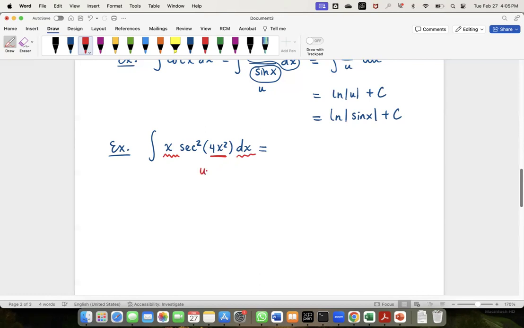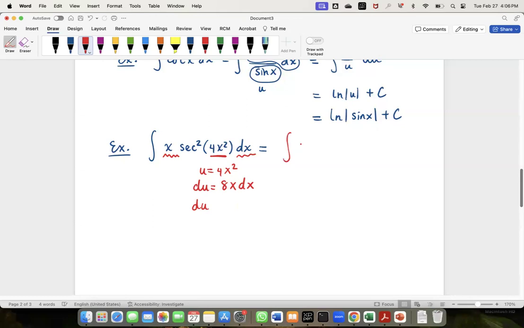Like, let's say u equals 4x squared. And see what is du. That's going to be 8x dx. So we have du. Now, as you see, we have x dx left in here.